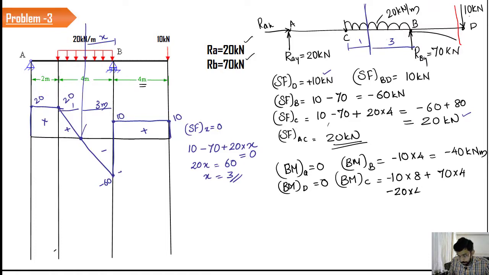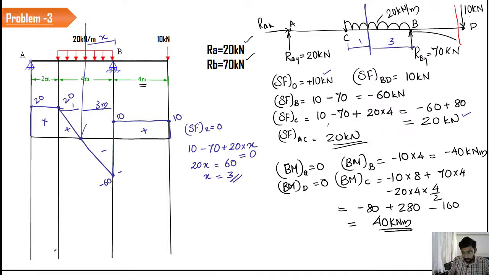So minus 20 into 4 will fetch you the total load, into the perpendicular distance, which is 4 by 2. So this is going to be minus 80 plus 280 minus 160. So this is going to be how much? 200 minus 160, that is equal to 40 kilonewton meter.